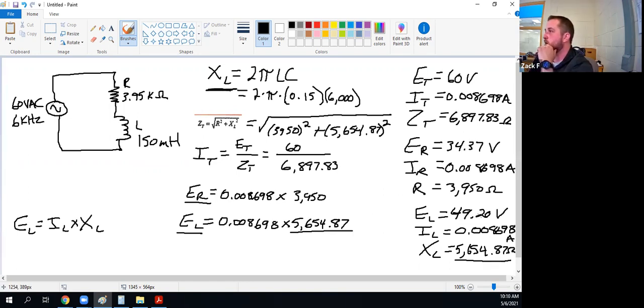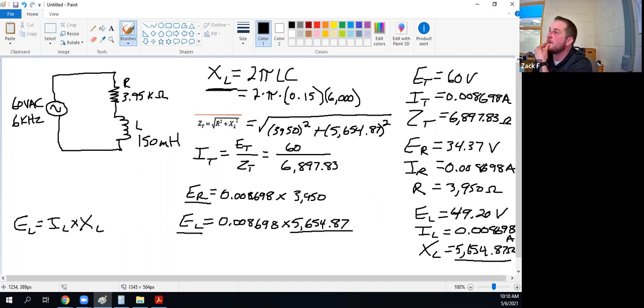You have just solved for this circuit. I get the total. Remember, on the test, you will have this exact question on there. And that's the last time I'm gonna say it.